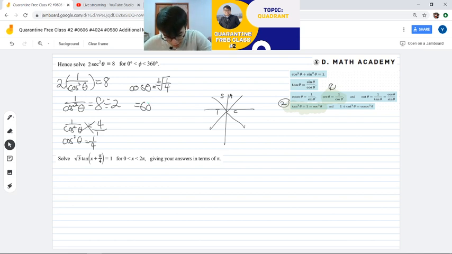Followed by 180 minus 60, which is 120, as well as 180 plus 60 equals 240. And the last one, 360 minus 60 equals 300.